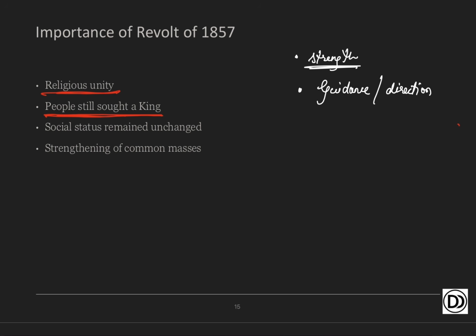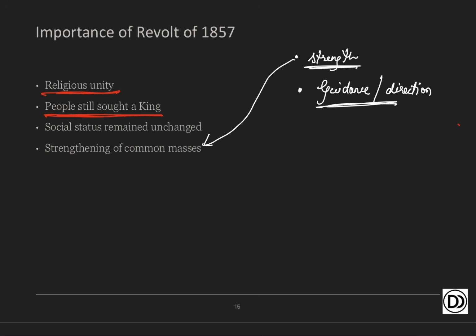Now, strength they already got. We have seen. They proved their strength, but there was no guidance. There was no central organization. Even from Delhi, there was no central organization. Everyone was fighting in their own land. Bahadur Shah Zafar urged all the kings to fight, but they were fighting alone. Each king was fighting within his own kingdom.